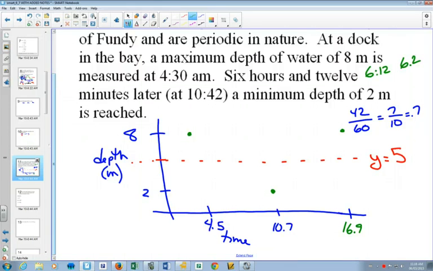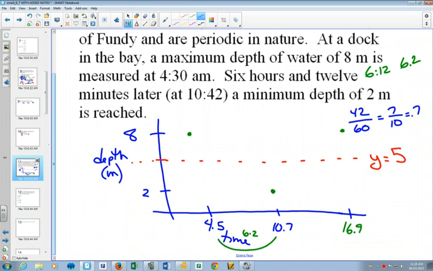Or did you take the fact that this was 6.2 here? We notice along the graph that we had 6.2 from here to here. And since it has to be the same time again, adding 6.2 will get us to 16.9. And there's our next point.